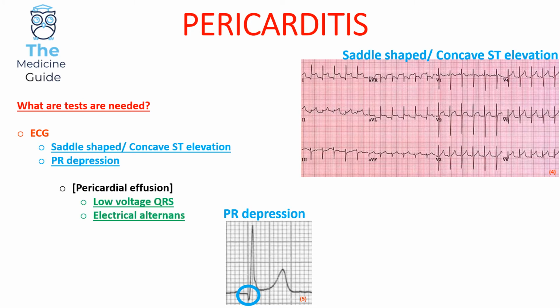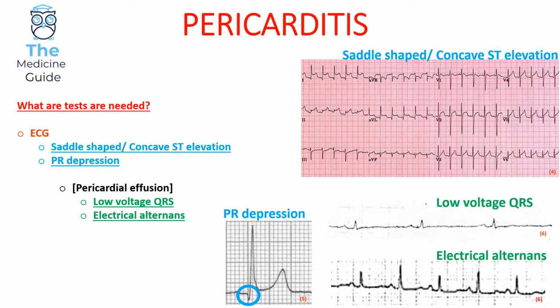Now, a complication of pericarditis is a pericardial effusion. Now, a pericardial effusion on an ECG will present with a low voltage QRS complex or electrical alternans. So if we begin by looking at the ECG on the far left, we can see an example of low voltage QRS. So the peak or the amplitude of the R wave in that QRS complex is very low.